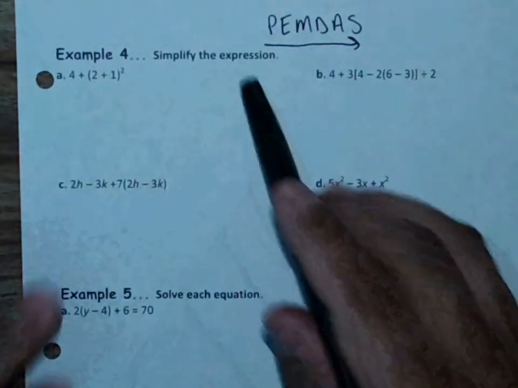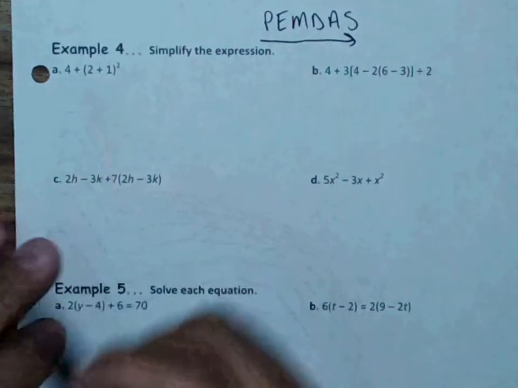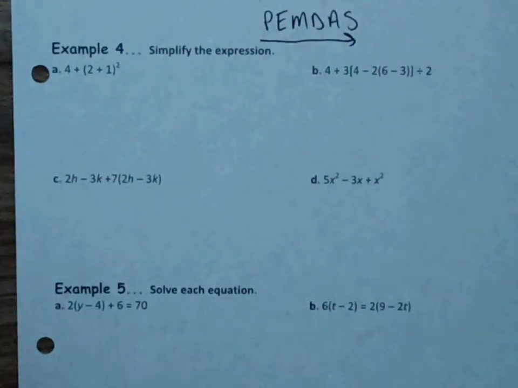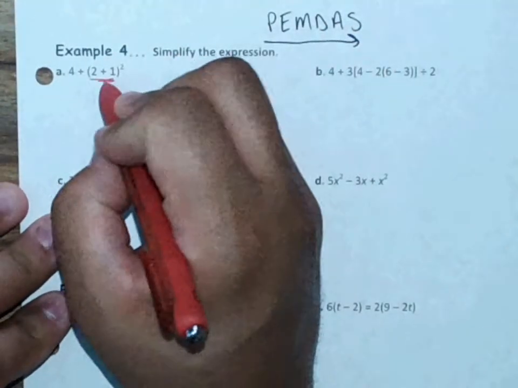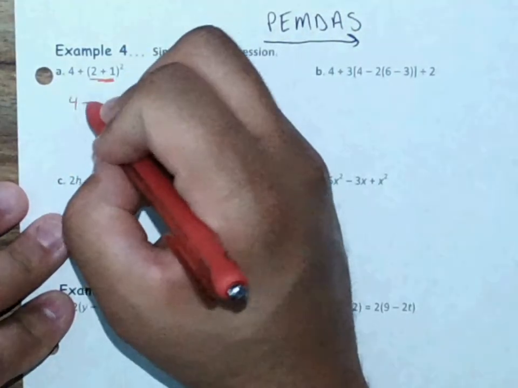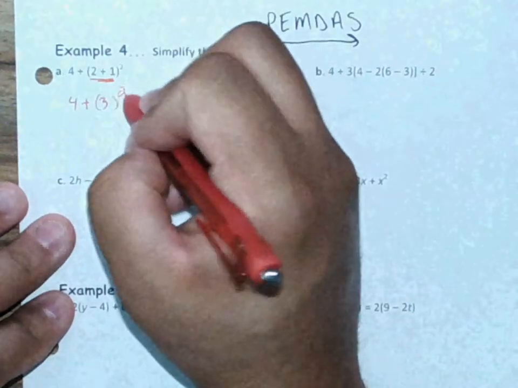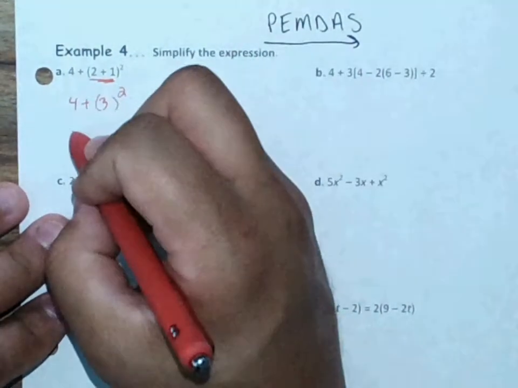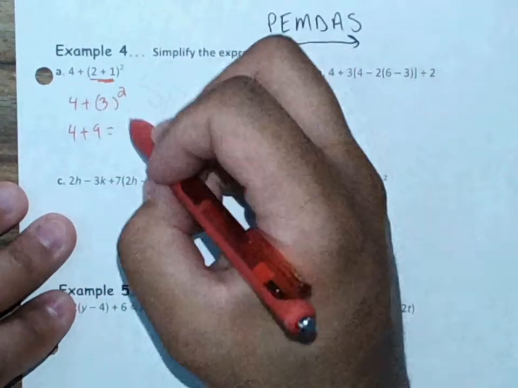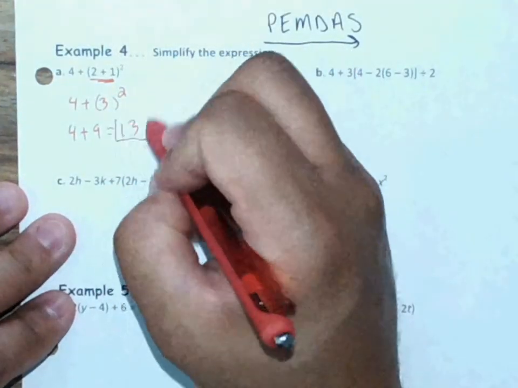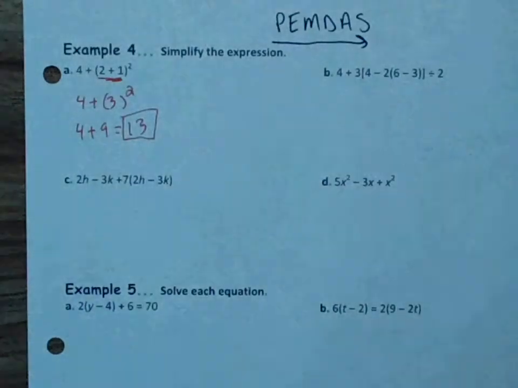So I have parentheses in my first one, so I got to take care of that first. So 2 plus 1 is 3. So I've got 4 plus 3 squared. 3 squared is 9. So 4 plus 9 equals 13. Put a box around it so that we don't have to go searching.